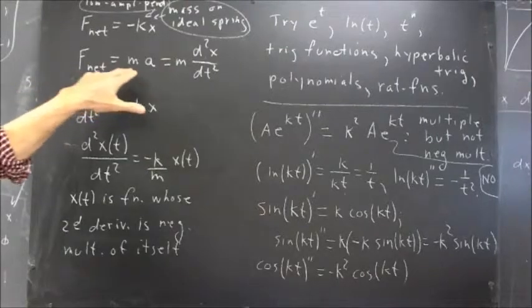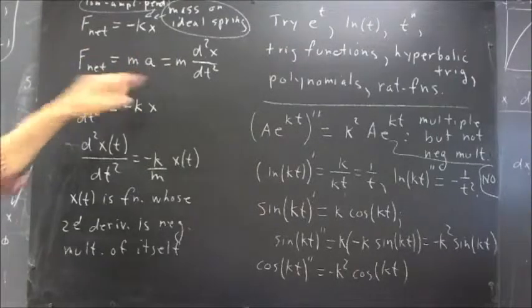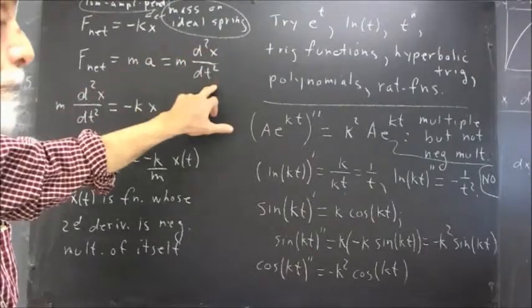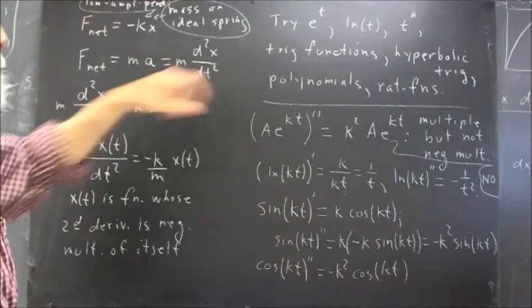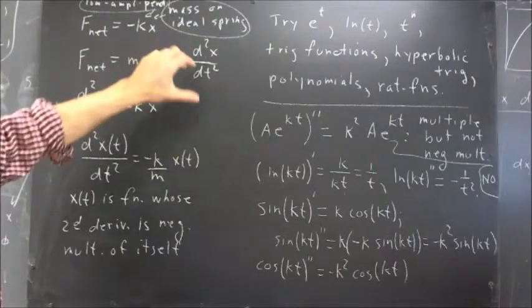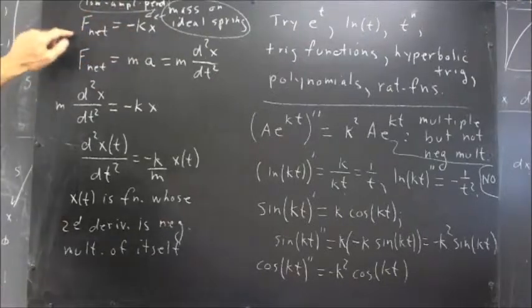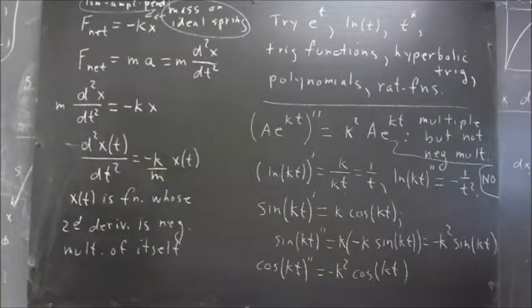So, net force, of course, by Newton's second law is mass times acceleration, and acceleration is the second derivative of position with respect to time. So, setting this expression for the net force equal to this expression for the net force, we get this equation.